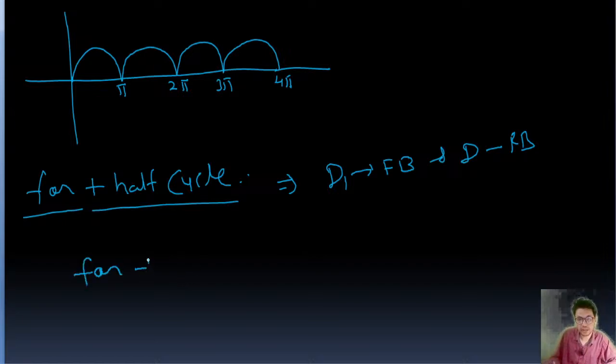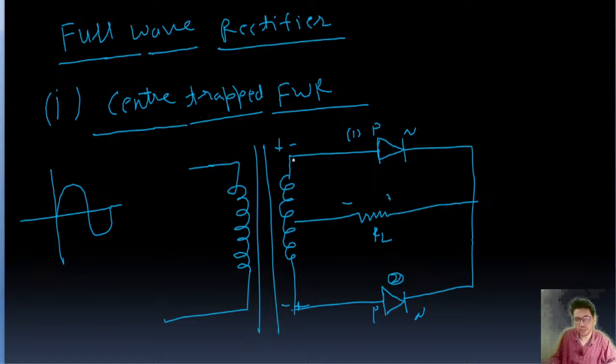And for the negative half cycle, this will be positive, this will be negative. So this is reverse bias and this is forward bias.